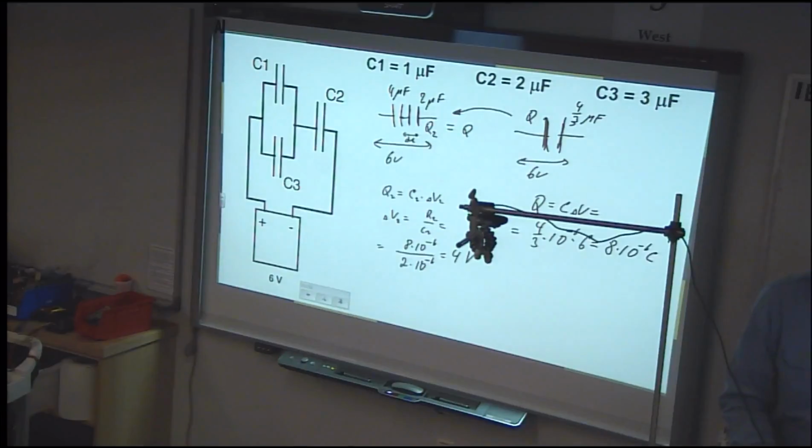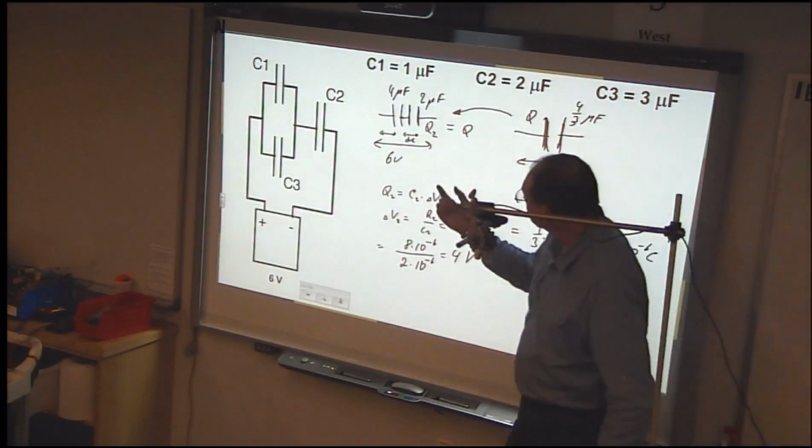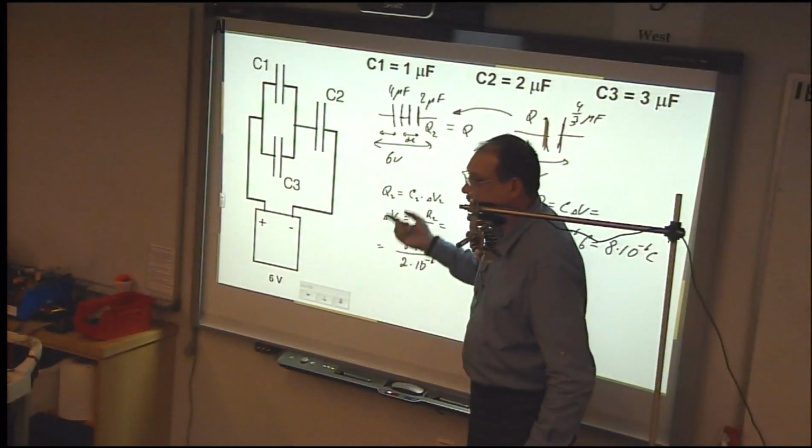And now we're in the situation when we have more equations we could use. For example, I can immediately calculate the voltage across the first capacitor. How? Because first and second together should give the total.